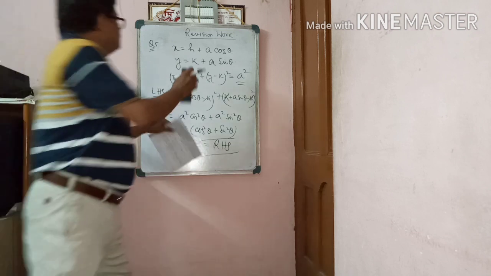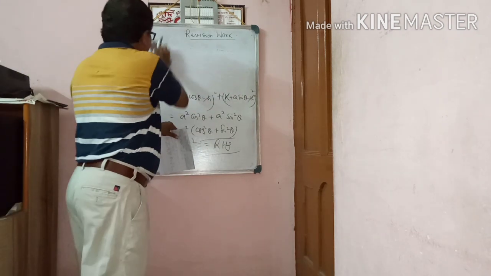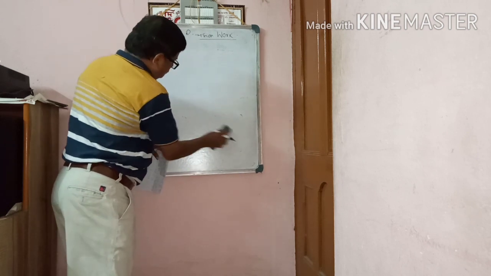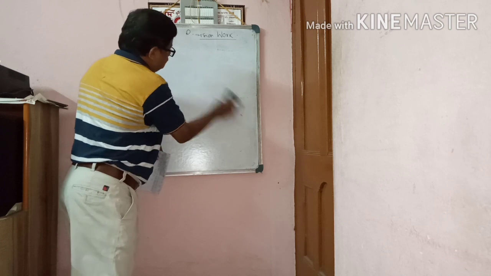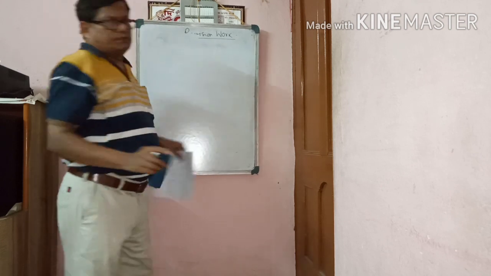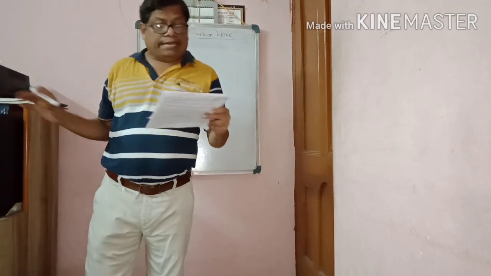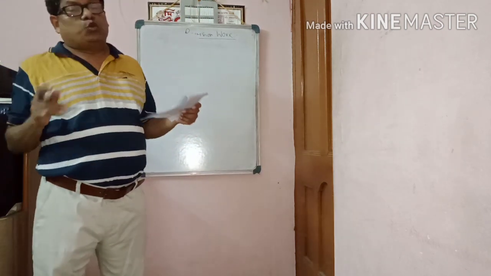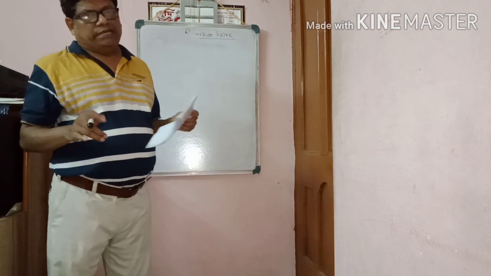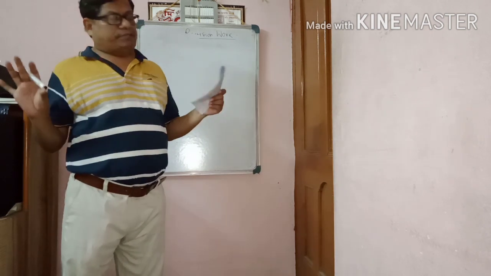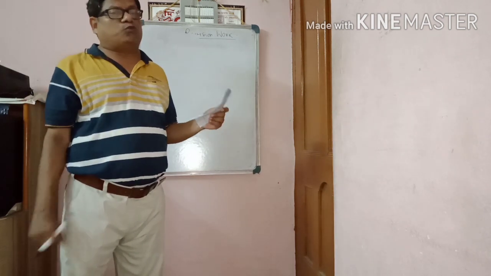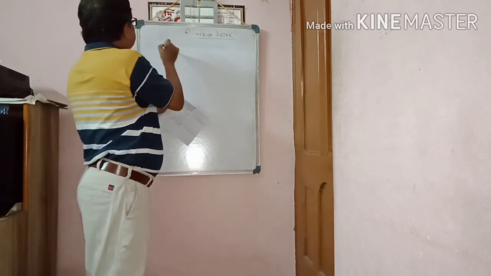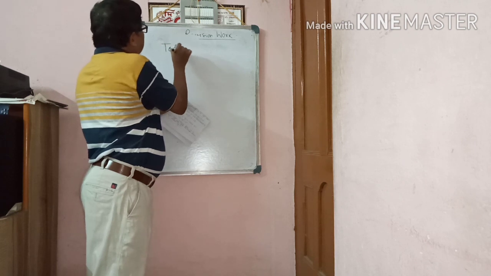Next sum. An integer, probability sum. An integer is chosen from 1 to 15. So write total possible outcome 15.